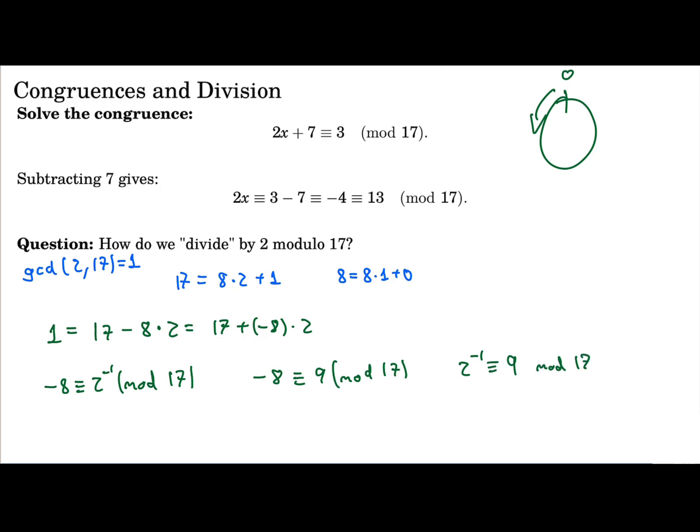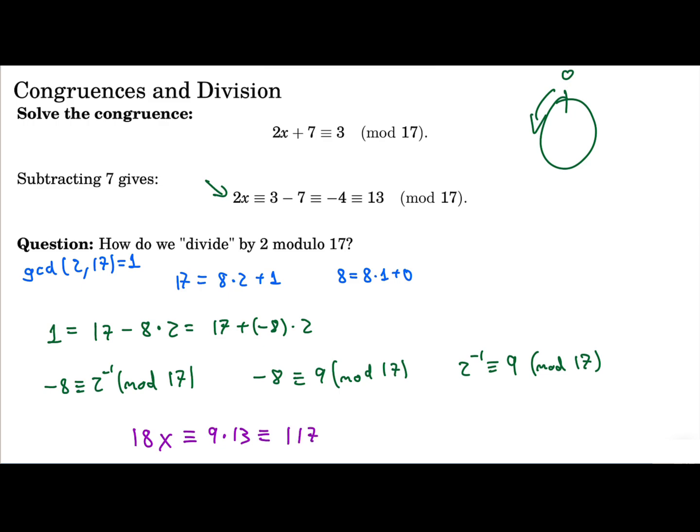And we can check this. We want to solve this equation here, so let's multiply by 9 on both sides. So we get 18x congruent to 9 times 13, and 9 times 13 is equal to 117.